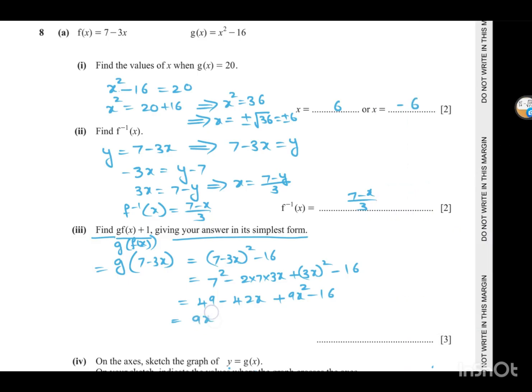So 9x square minus 42x plus 33, we got g f of x. Now g f of x plus 1 will be 9x square minus 42x plus 33 plus 1, that is 9x square minus 42x plus 34.